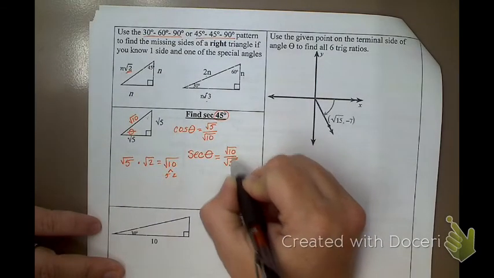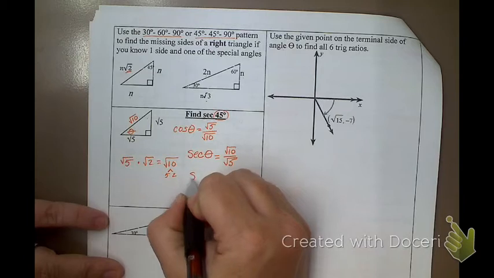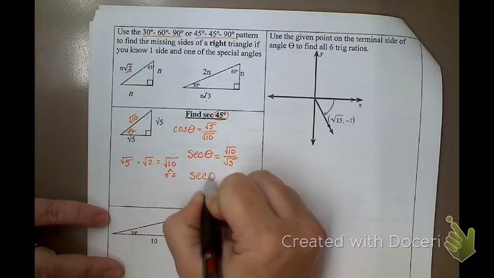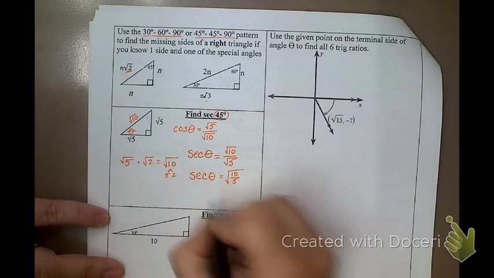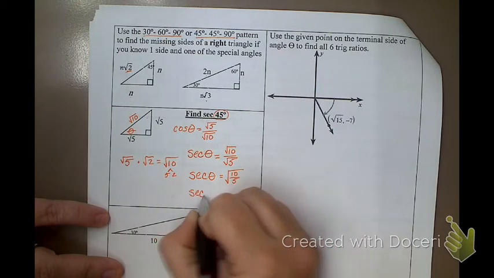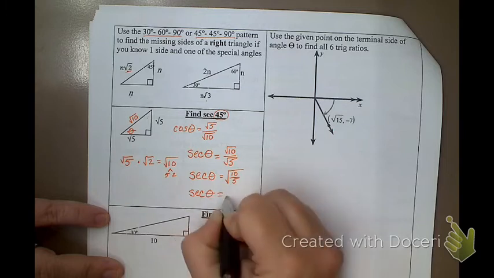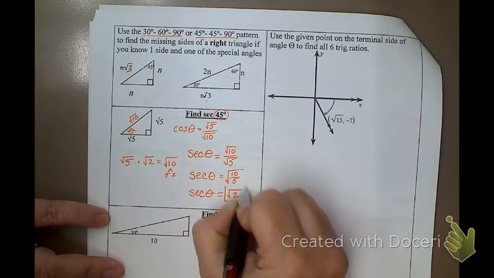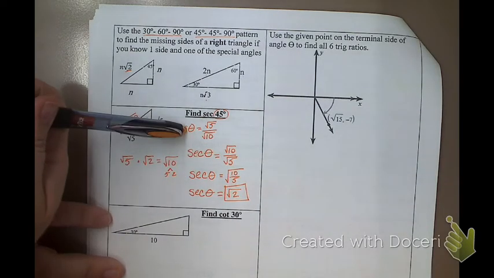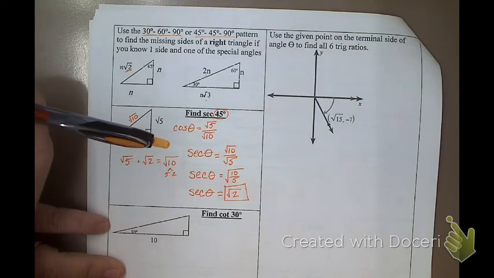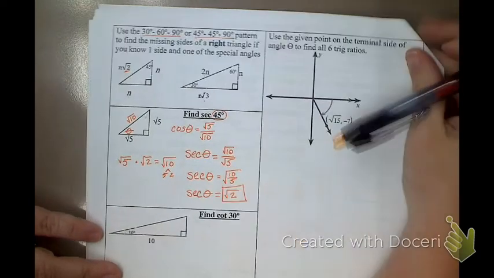Both of those numbers are inside a radical, so I can treat this as radical of 10 over 5, which is 2. So the secant of 45 degrees is radical 2. Again, I started by just finding the cosine and then doing the reciprocal and simplifying when needed.